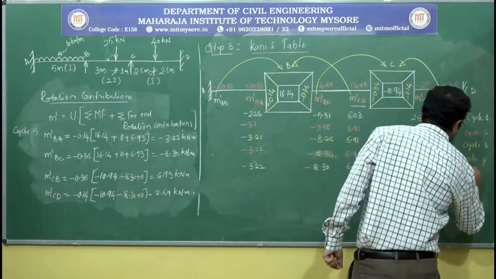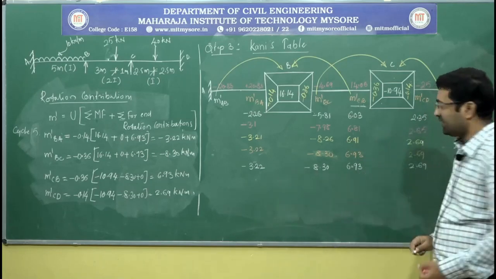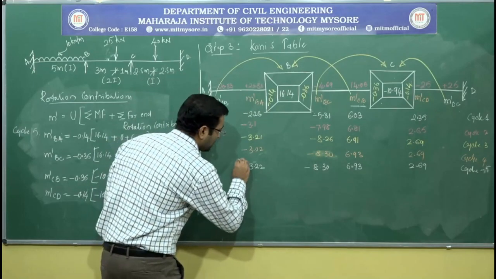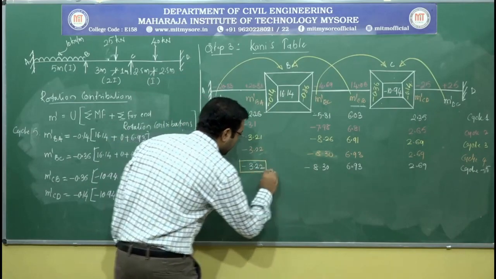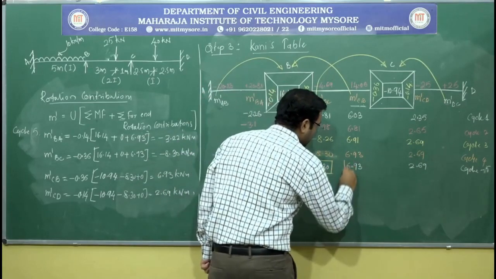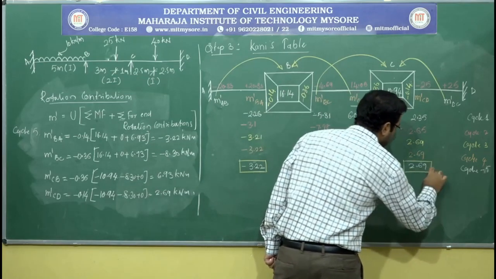So no need to do repeated calculations again and again. Correct? So I will finalize these rotation contributions. These are the final rotation contributions which we need to use for the calculation of the end moments.